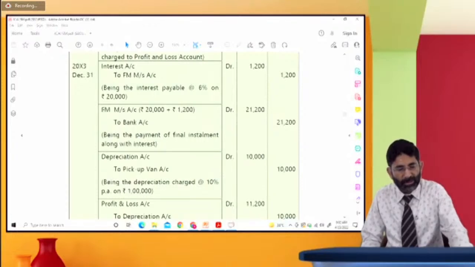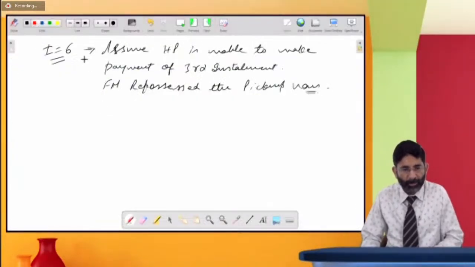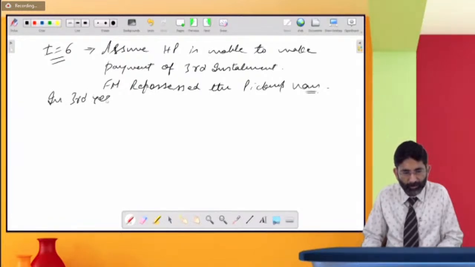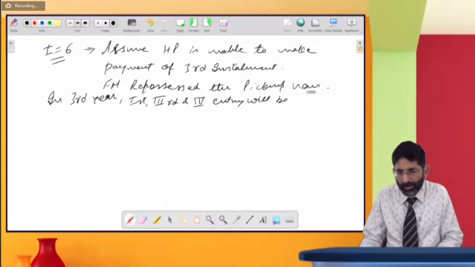In the third year, the first, third, and fourth entry will be the same. Additional entry.